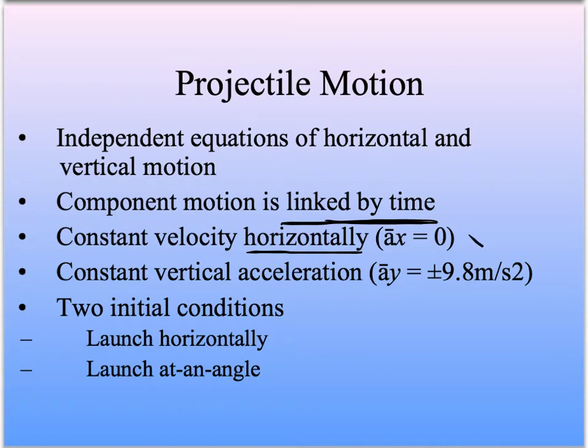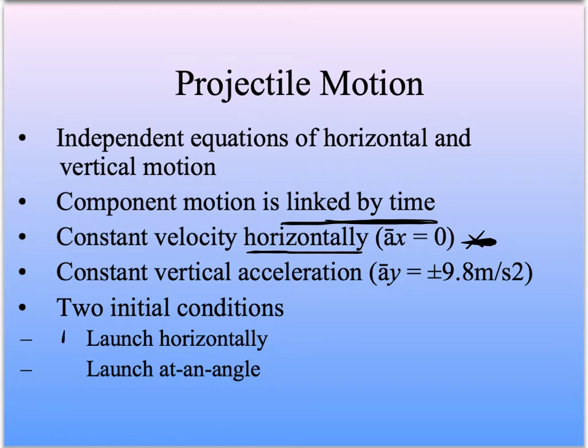So whatever velocity your object starts with, it'll also end with. Vertically, however, your acceleration is 9.8 meters per second squared because it's gravity that's working on this object in the vertical frame.